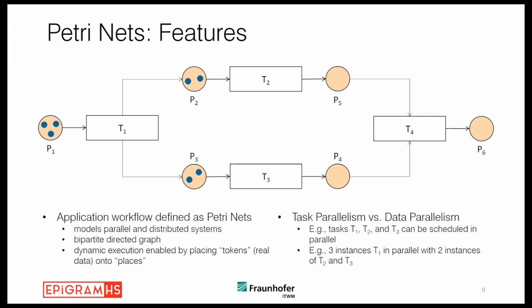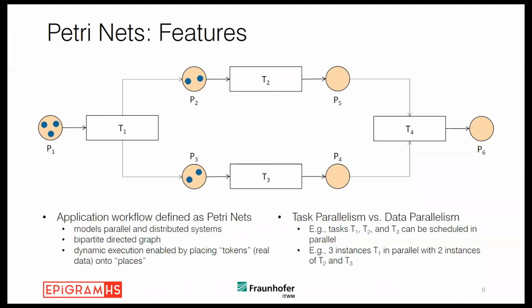So places cannot connect to places, transitions cannot connect to transitions. And the whole thing is controlled using tokens. The presence of a token determines if a transition can be executed or not. All places connected to a transition need to have at least one token for the transition to be able to start an execution.